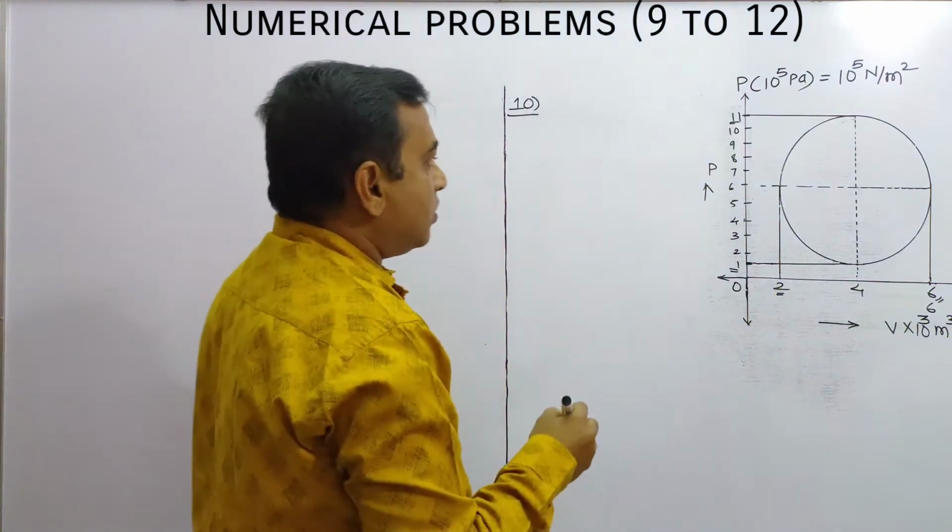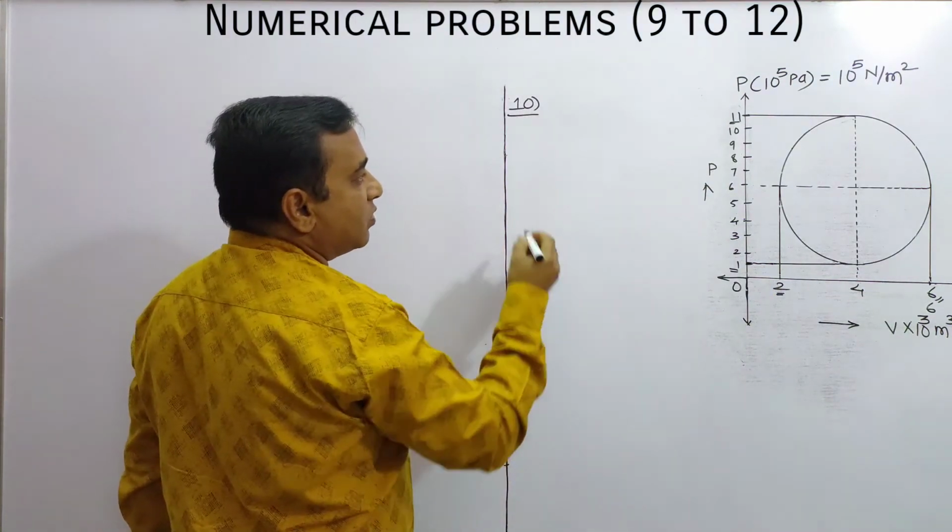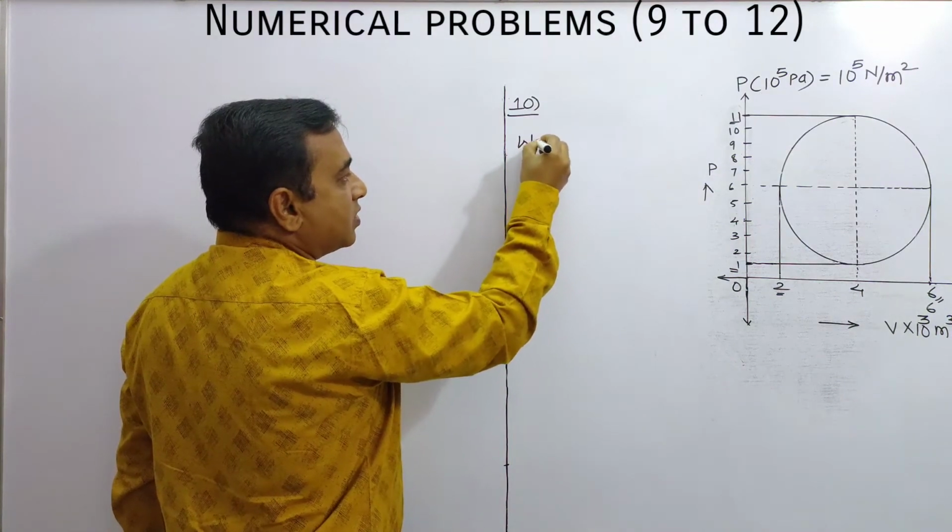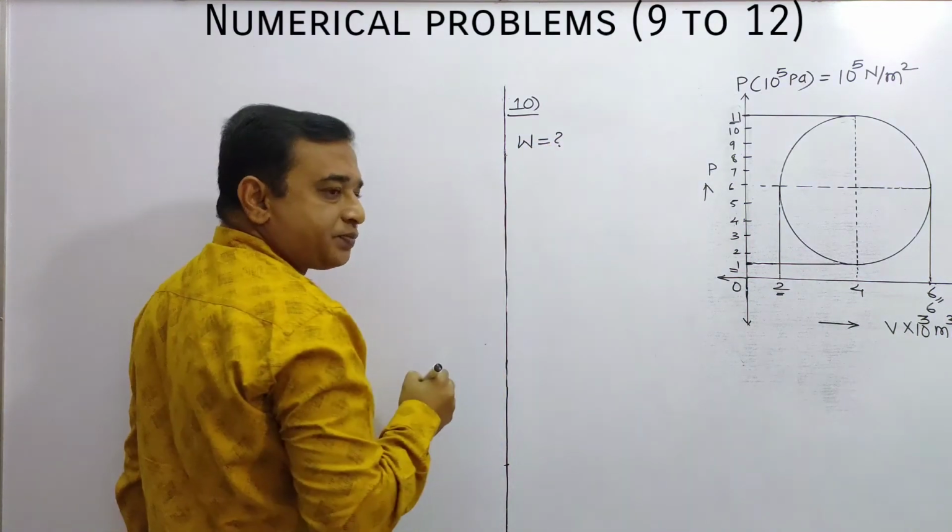So what exactly is the formula that we need to utilize? We need the work done, which is the question mark.